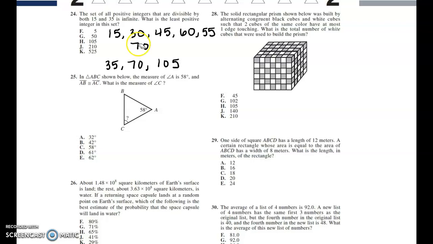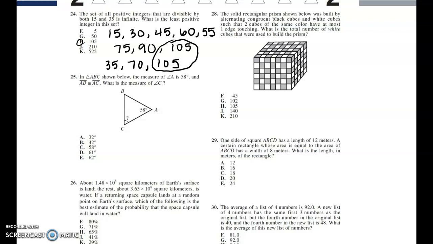Okay, I lied. 15 times 5 is 75, not 70. And then we want to go 15 times 6, which is 90. 15 times 7, which is 105. There we go. So that's our least common number here. So your answer is H, 105.